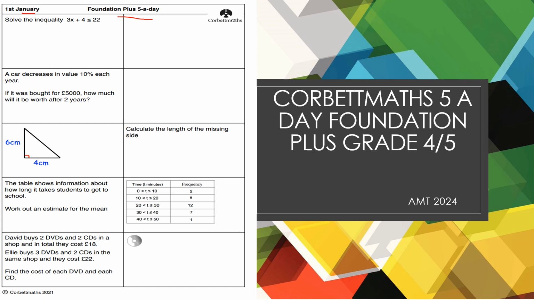This is the first question. We are asked to solve the inequality 3x + 4 is less than or equal to 22.